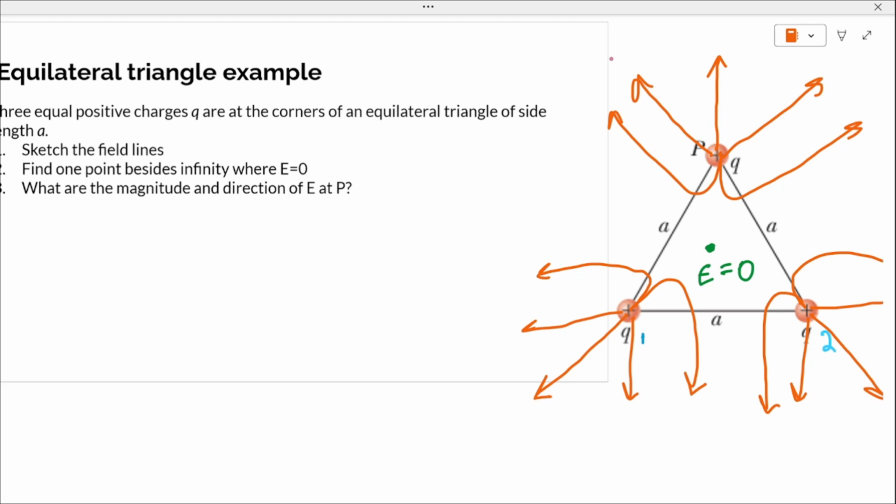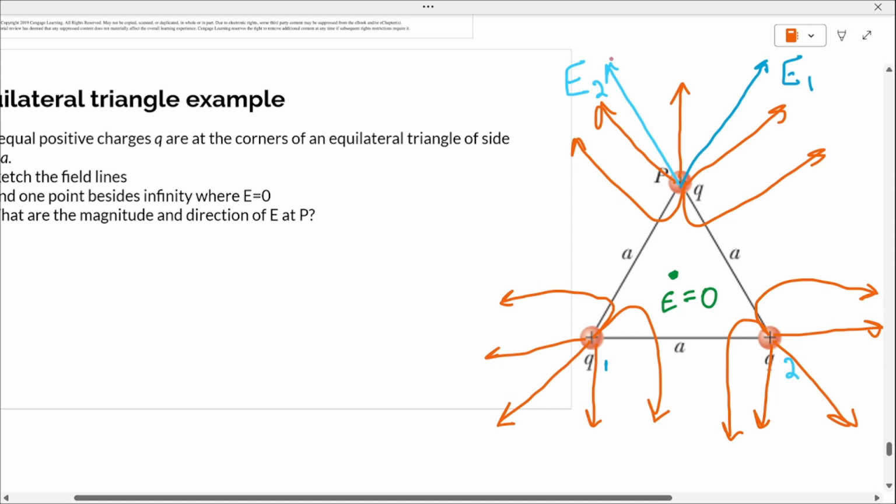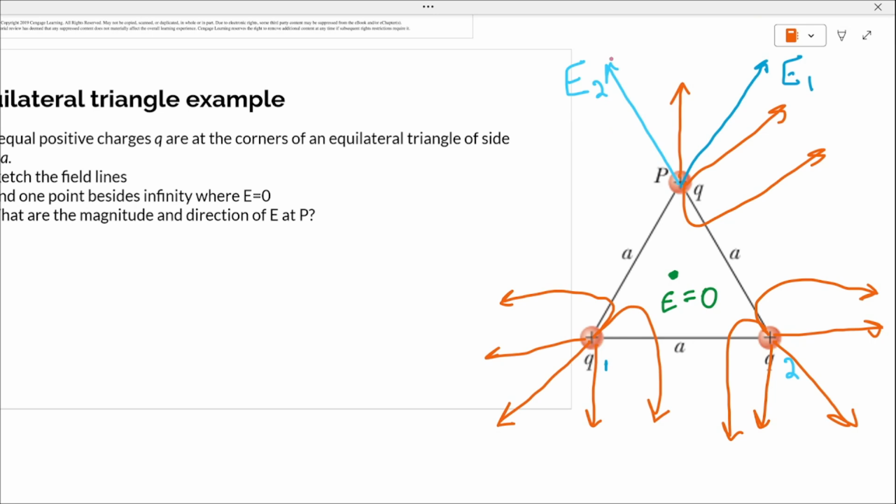Charge 2 is going to contribute an electric field parallel with its adjacent side to the triangle, and charge 1 is going to do something similar. And I'm going to erase these field lines so we can see better, but they're still there.